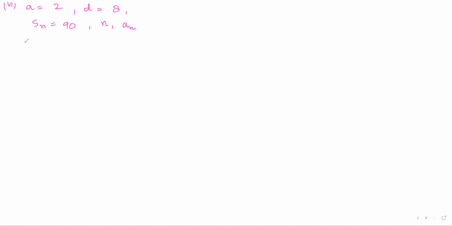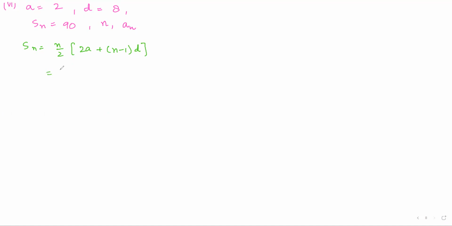Okay, so Sn is n by 2. But you don't know n, right? How will you put n here? Let's see what I end up with. So this is 2a plus n minus 1 into d, right? So a and d at least I can put here.